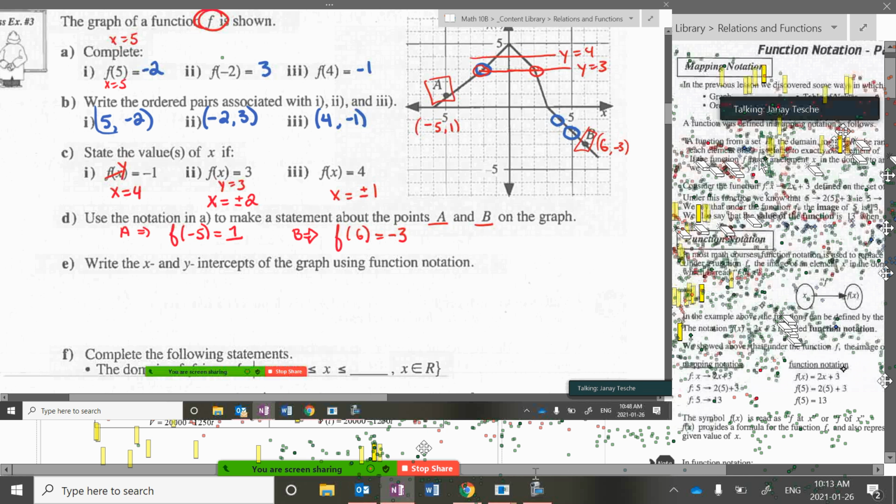Write x and y intercepts of our graph using function notation. So let's do our y-intercept first. Our y-intercept is where our graph crosses our y-axis. It's always where x is equal to 0. So we know right away it's going to be f at 0 equaling something. Look on your graph, it crosses our y-axis at 5. Your x-intercept is where it crosses your x-axis, and it's where y is equal to 0.